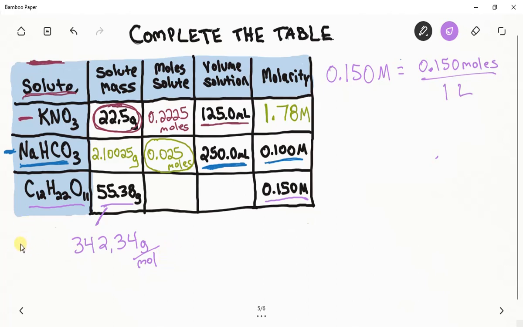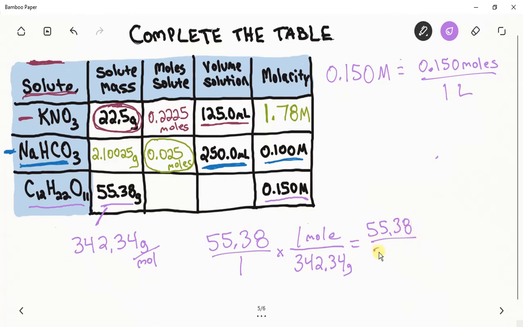Well, we take the 55.38 that we do have and put it over 1, and then we use a multiply sign and a fraction bar, and then we write 1 mole, and on the bottom we write how much that mole is, 342.34 grams.